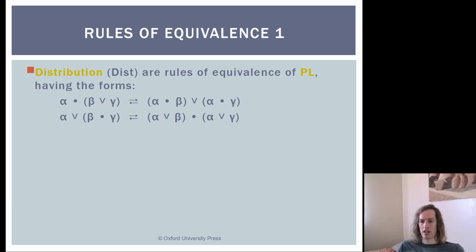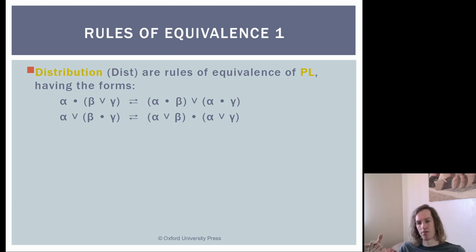Okay, next is distribution. This is a way to manipulate situations in which we have a combination of disjunctions and conjunctions. So if we start with the formula alpha and beta or gamma, we can get to, in parentheses, alpha and beta or alpha and gamma.